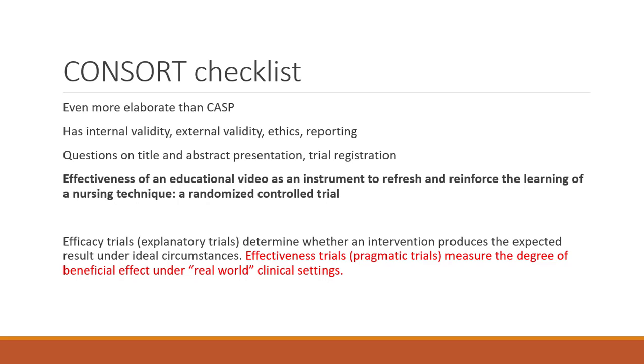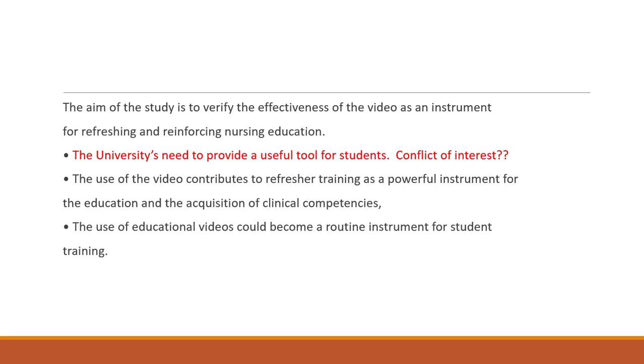So what happens here in consort when we go? The title itself is erroneous, or the title itself is open to question. So there are many more. The consort checklist is quite elaborate. So then there are other things like conflict of interest and so on.